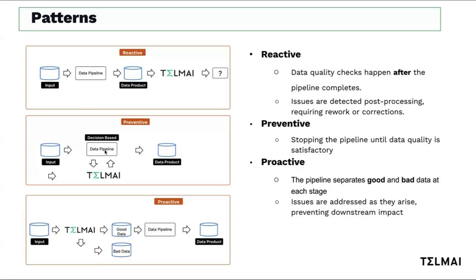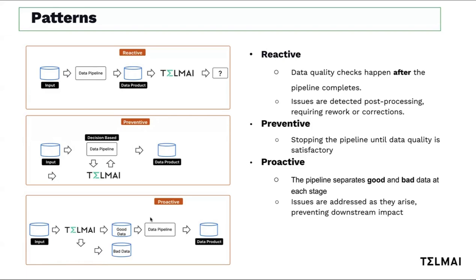This is definitely better than the reactive approach, where you're not letting the issues pass all the way to your data product, but it is disruptive in a bad way, because if the thresholds are not meeting the requirement, the pipeline will just be on hold, and somebody will have to look into it and take some actions.